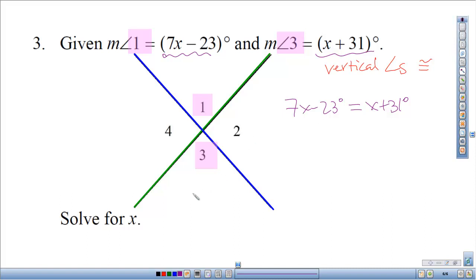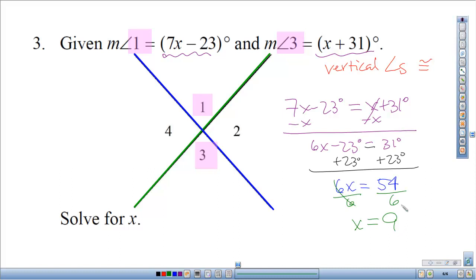Alright, next up we would simply solve this equation. I'm not going to show you all the steps of the algebra, but here's what would happen. So that's what you would get once you solve the equation, and of course this problem just asked us to solve for x. So you get done solving, you have x equals 9, you gave them what they were asking for.